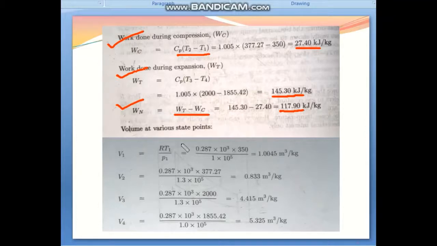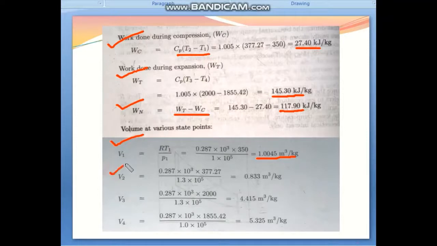Now the volume at the various state points. First, V1 is equal to R T1 by P1. The R value is 0.287 into 10 to the power 3 joule per kg Kelvin, into 350 by 1 into 10 to the power 5, because P1 is 1 bar, so that becomes 1.0045 meter cube per kg.